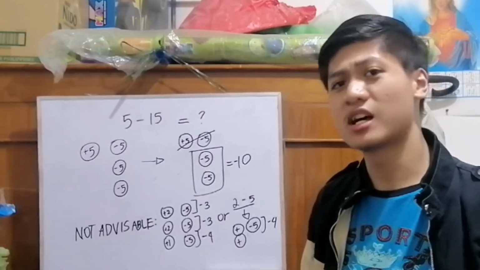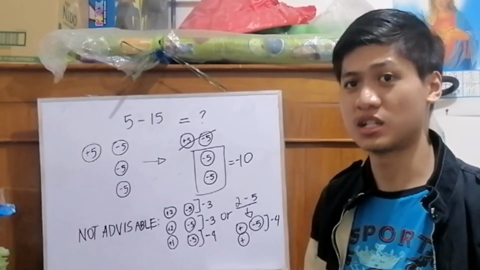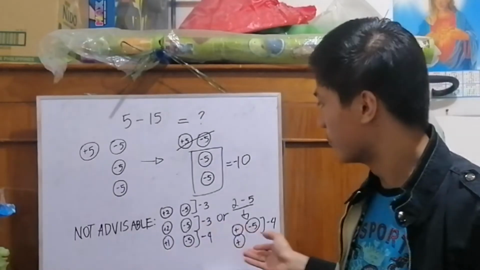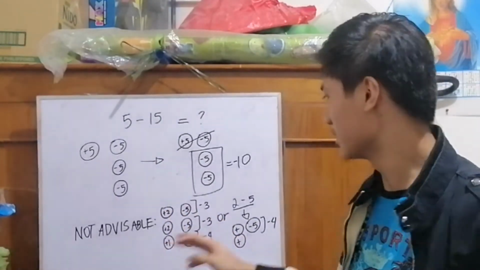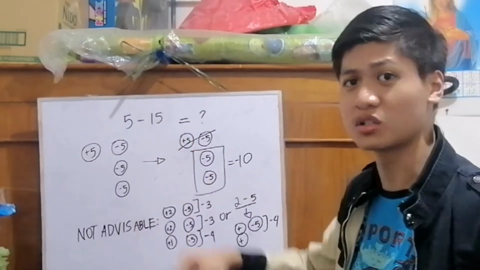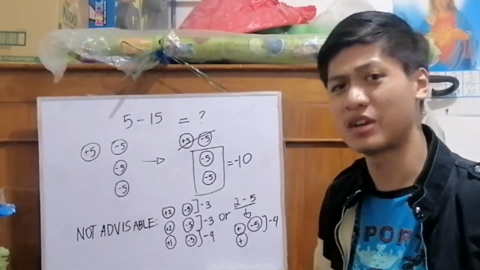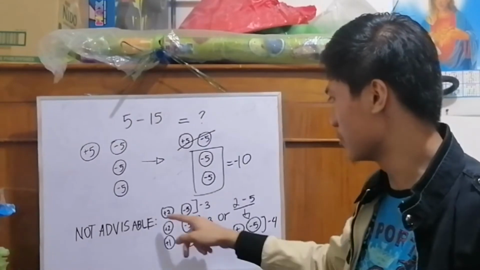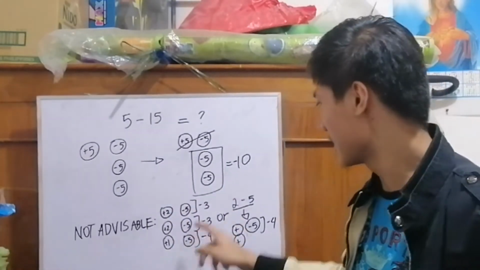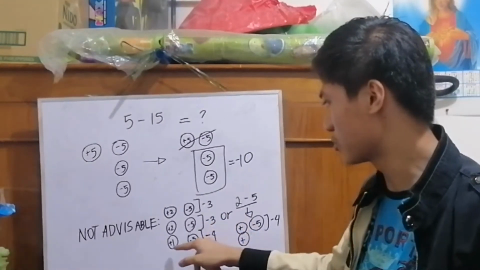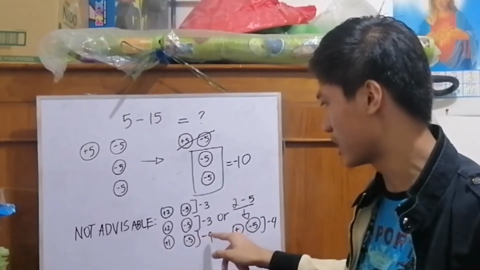Now, what is not advisable for an algebra disk process? This one. If you see, there's +2 and -5. These are actually used in the same question, but this is not advisable because you will not even cancel them, since there is still a value in them, and that is -3. -3, and then this one is +1, -5, and that will give you an answer of -4.